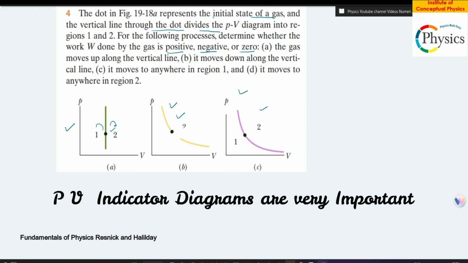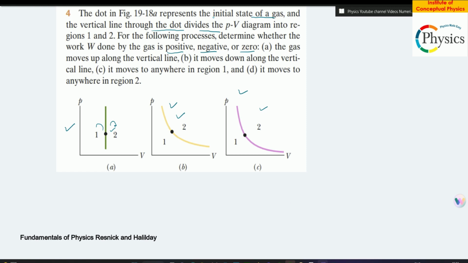And it's very conceptual. So therefore, pay a lot of attention to this question. The question is, what happens to the work as the gas moves, in each of the situations, left, right, etc., right? Which means the left of the dot. So the dot is important to understand, right?